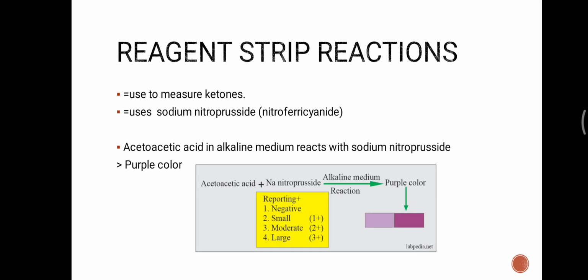So in the reagent strips, this is to measure ketones. So in this reaction, acetoacetic acid in an alkaline medium reacts with sodium nitroprusside to produce a purple color.